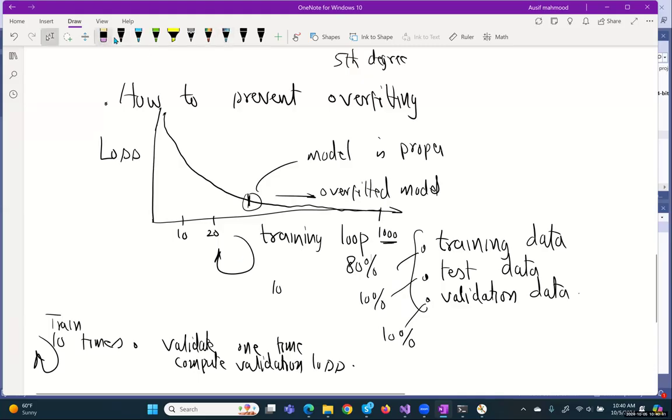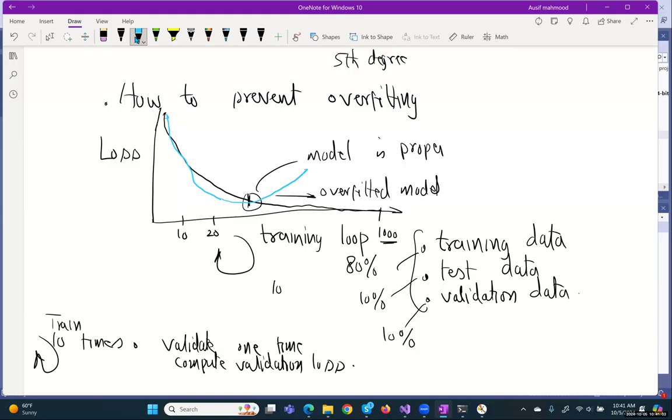What you will observe is, in most cases, the validation loss will also start to decrease. At some point in time, the validation loss will start to increase or become flatter.